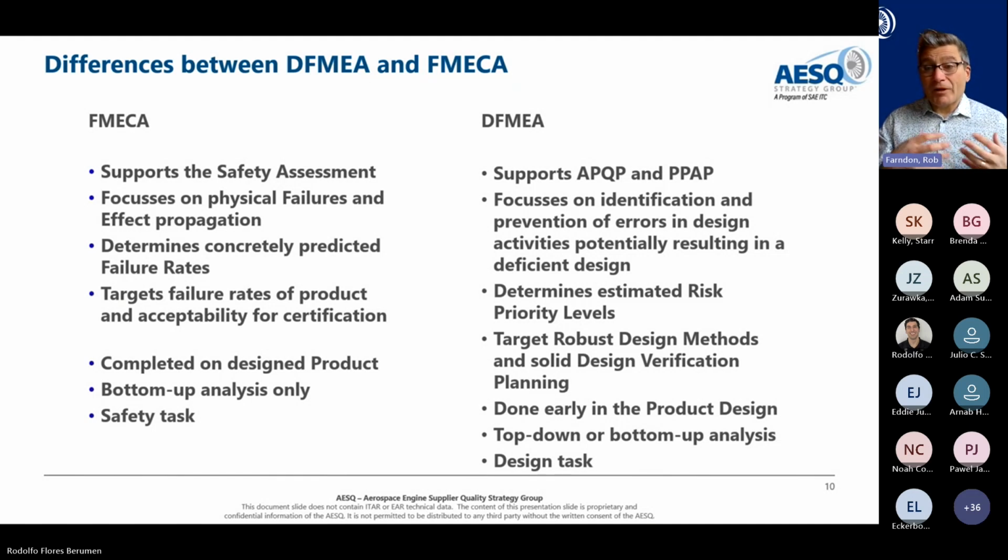And we're going to derive some estimated risk priority levels in order to inform where we need to focus our error reduction activity. We're trying to do robust design here, and we're trying to identify good verification plans that either inform the design as it evolves or confirm that we have actually met the requirement, which is the principal purpose of verification inside the design process.